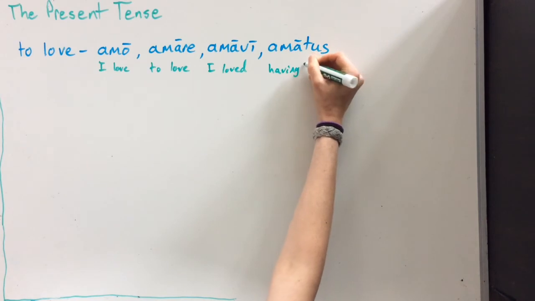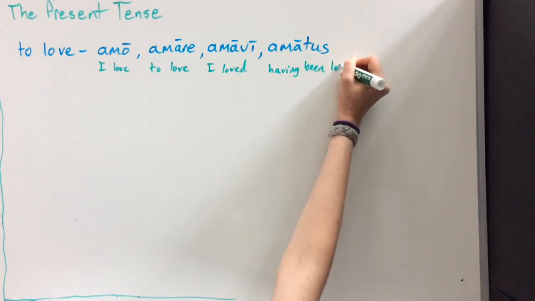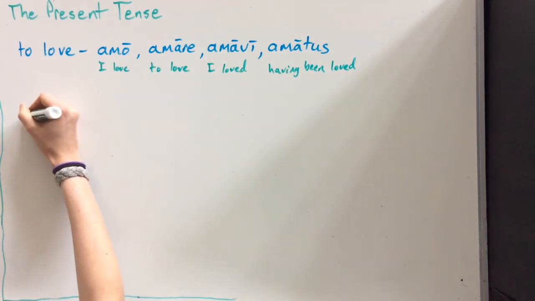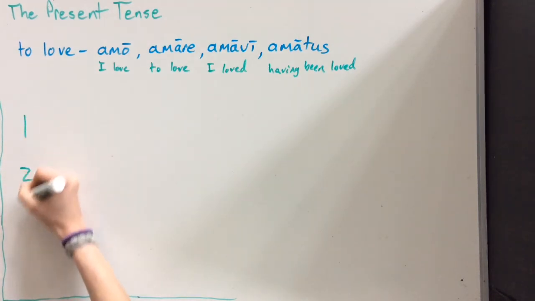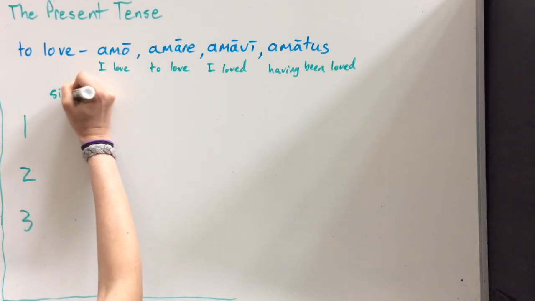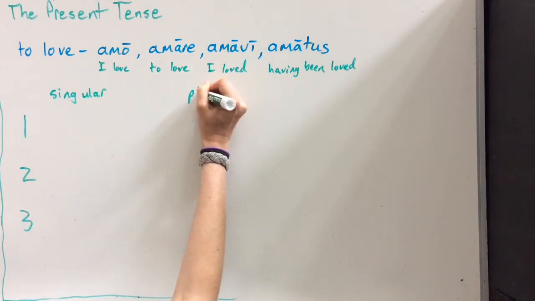Don't worry too much about those grammar terms. We'll get to them one at a time. Today, we're just going to focus on that present active. So, we'll need our first, second, and third persons, our singular, and plural.